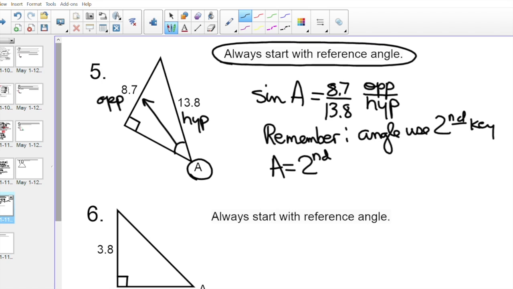So you put second sine, and it'll open a parentheses. If your calculator's like all of them, it's going to have a parentheses. Second sine, and put in your calculator 8.7 divided by 13.8.